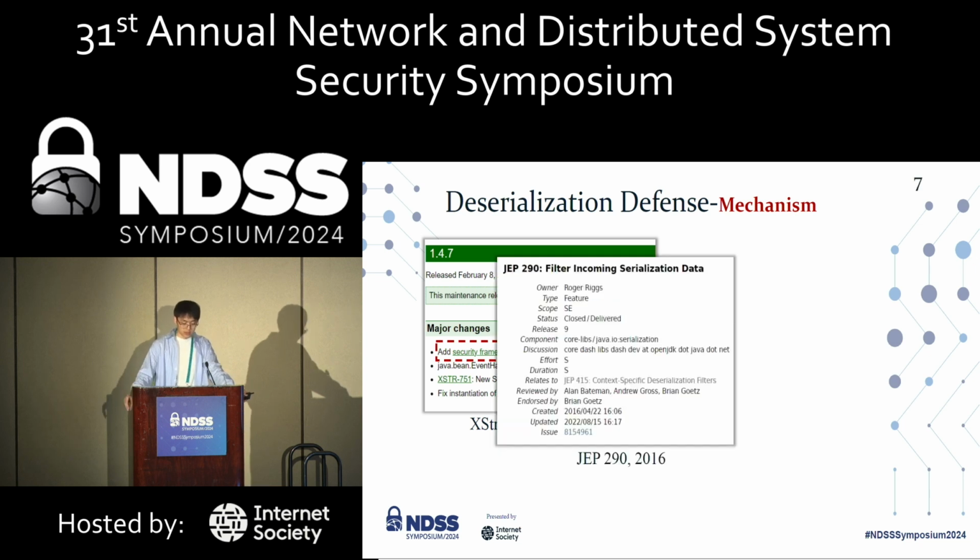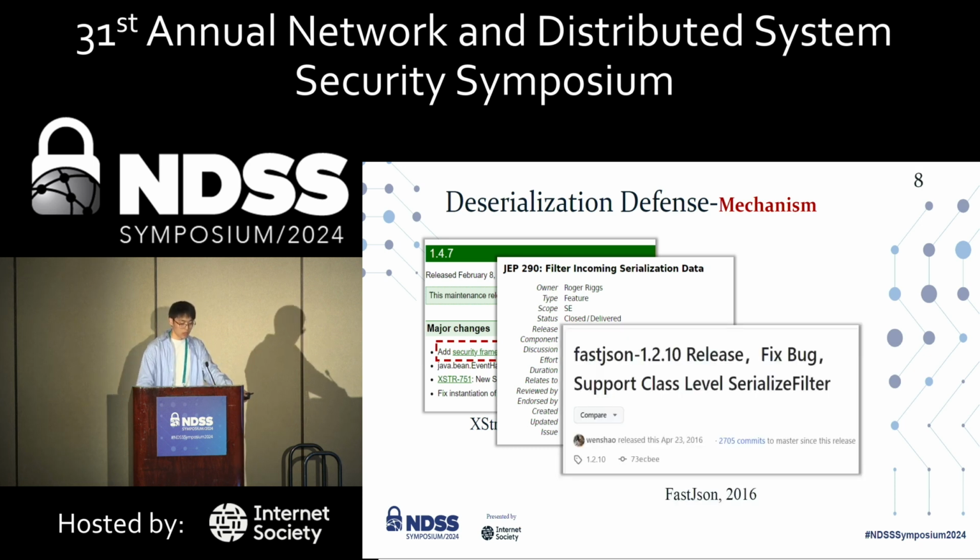In 2016, JEP 290 introduced the object input filter to secure deserialization with a customized policy. Moreover, Fastjson has integrated an internal block list since 2016. These mechanisms enable developers to use block lists and allowlist to mitigate deserialization attack. Despite these measures, deserialization attacks remain a serious threat because creating effective policy is still a difficult task.